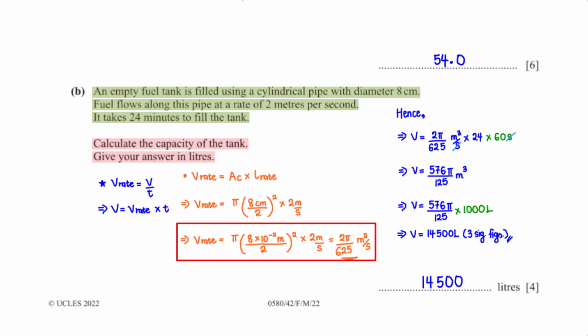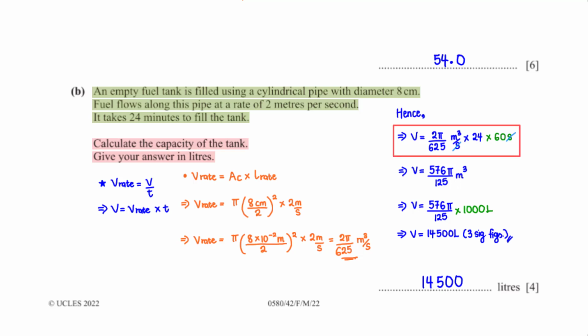Now that we have the volume flow rate, we can find the volume of the tank. We are told that it takes 24 minutes to fill the tank. So the volume of the tank is equal to 2 pi over 625 meters cubed per second times 24 minutes. We convert 24 minutes to seconds by multiplying 24 by 60.